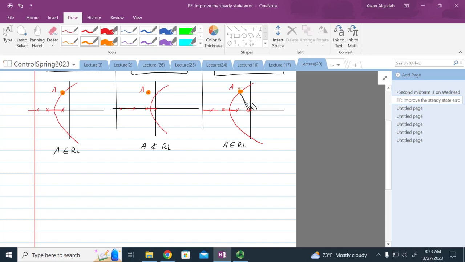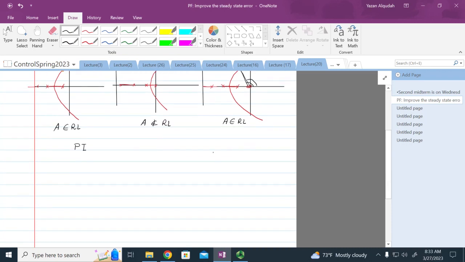Okay, so what does this PI controller look like? If I look at the circuit of the PI controller, we said this uses an active circuit, and it looks something like this.